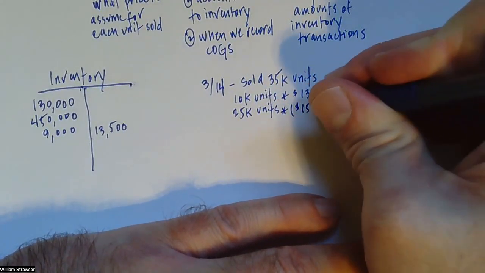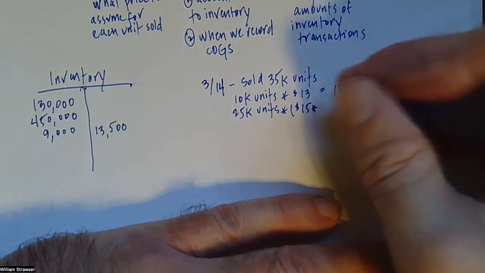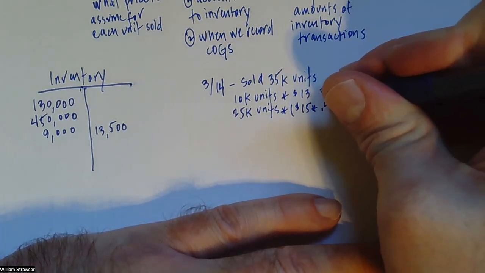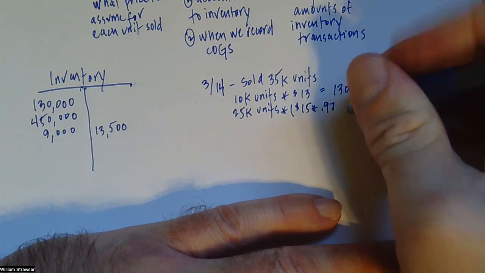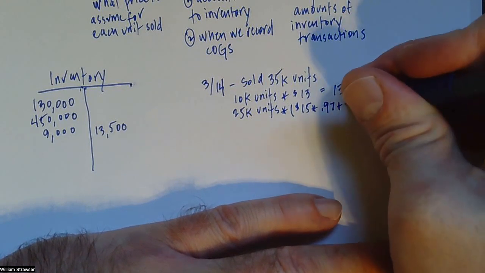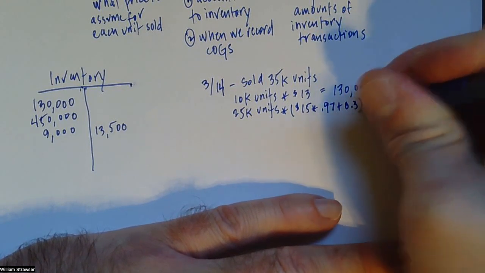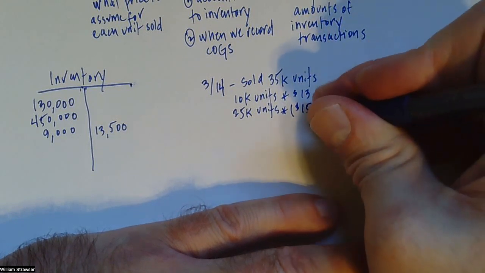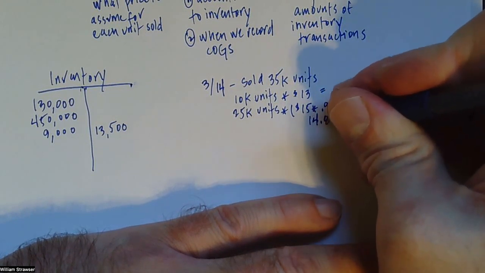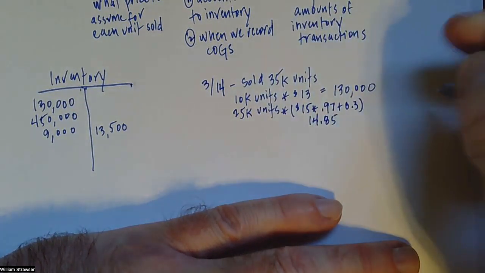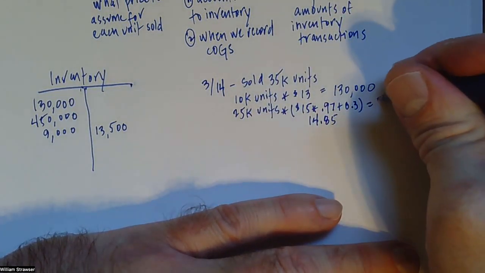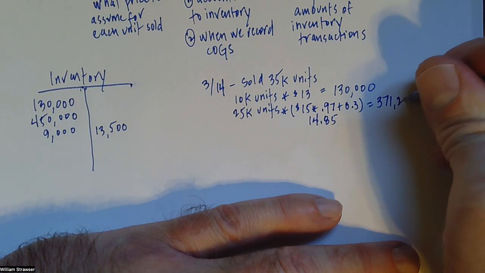But since we took the discount, that reduced them to 97% of that amount. It was a 3% discount. And then we're going to add in the 30 cents of freight to each item. That comes out to a total of $14.85 per unit. Multiply it by 25,000, and I get 371,250.